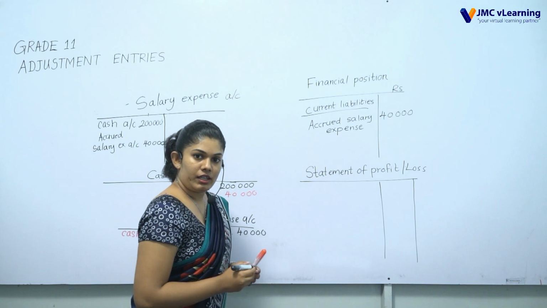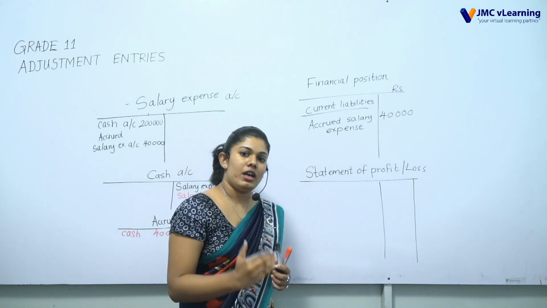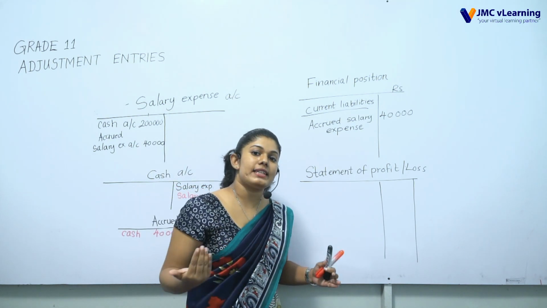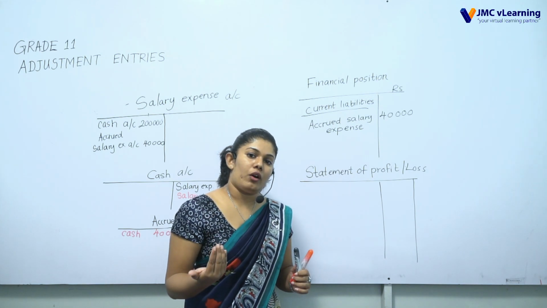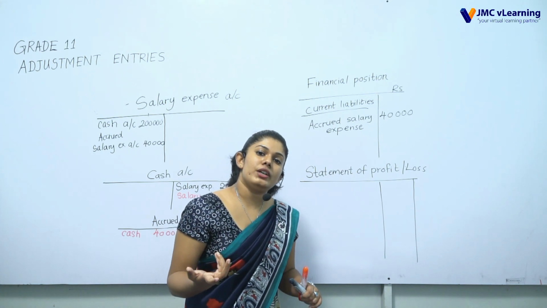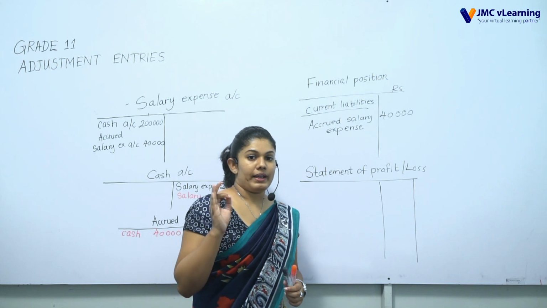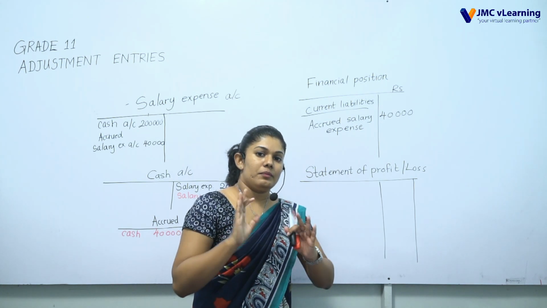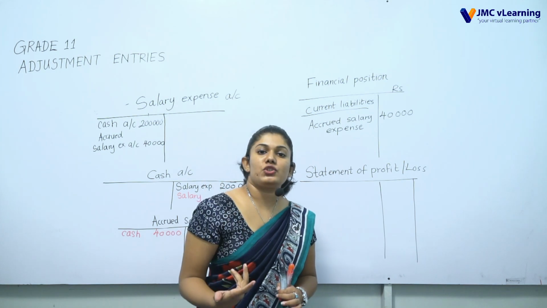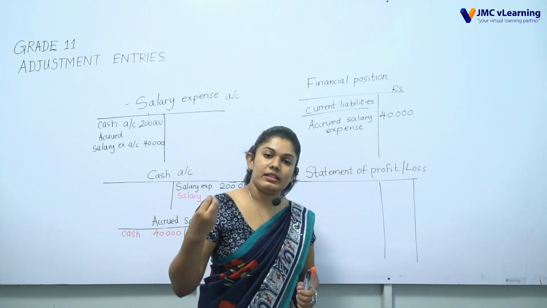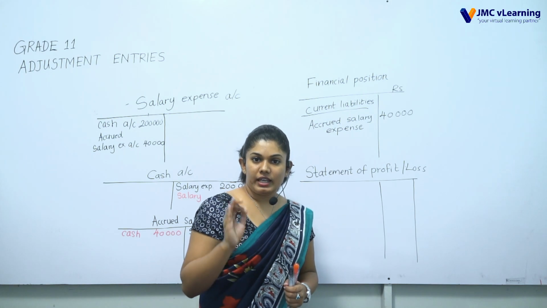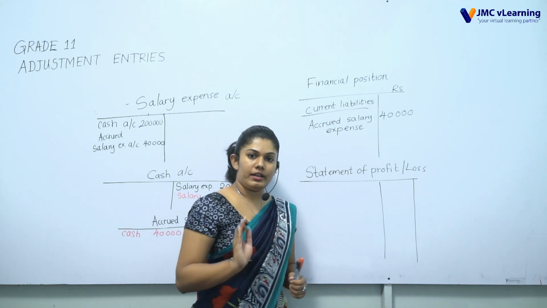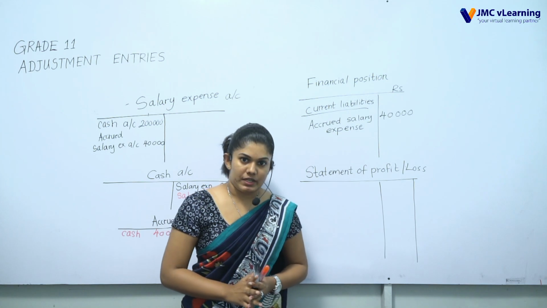If this person is relevant for sales activities, you record it under distribution expenses. You might have remembered it from your textbooks. The people who are engaged in selling, marketing and distribution activities, their salaries have to be recorded under distribution expenses.